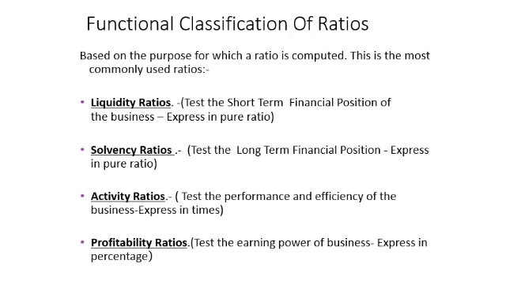The activity ratios test the business performance and efficiency of the business, and these can be derived and expressed in the form of times. Now the profitability ratios help to derive the earning power, the profit power of the business, and can be expressed in terms of percentage.